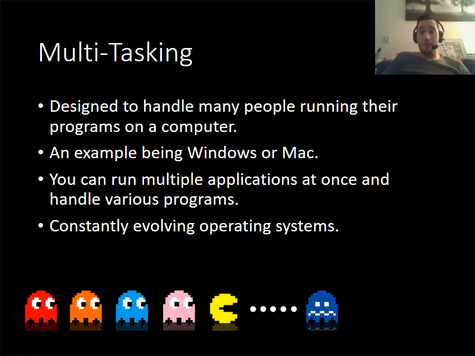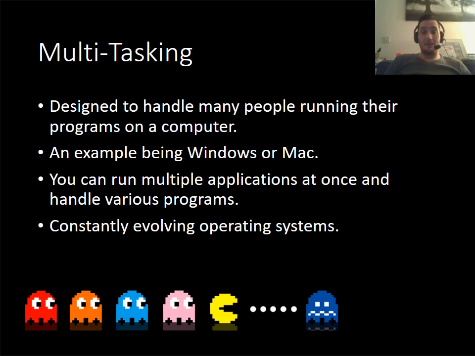Then we have a multitasking operating system, which is designed for lots of people, basically how you see Windows and how you see Mac operating systems, you can run multiple applications at once. So I can run Word, PowerPoint, Excel, Movie Maker, Internet Explorer. Basically, it allows me to work on more than one thing at once.